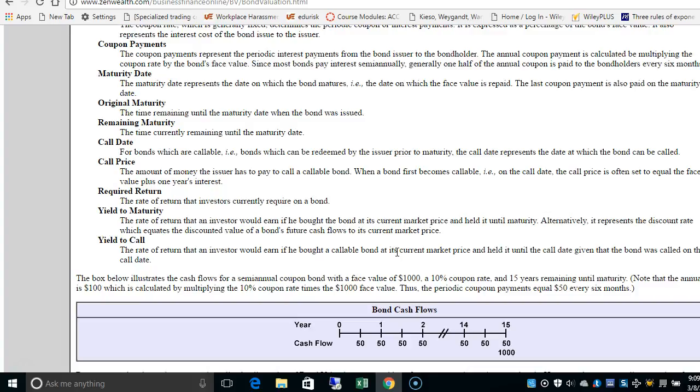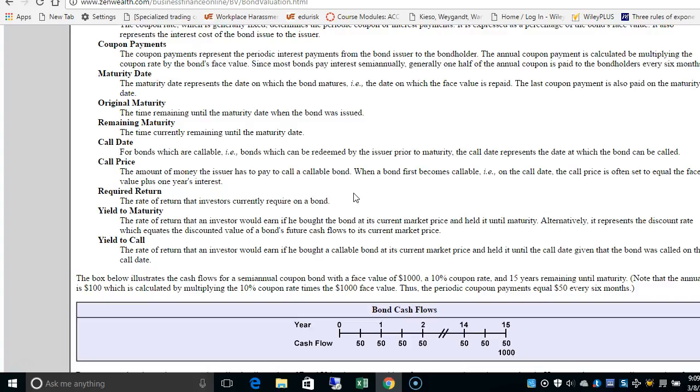Interest rates have basically nosedived to close to zero. What happens? Companies want to be able to call back that bond and basically reissue it at a lower interest rate. It saves them money, cash flow, it saves them interest.